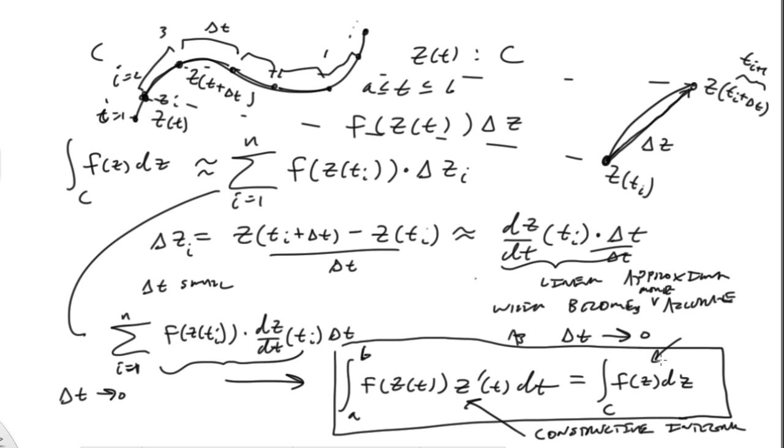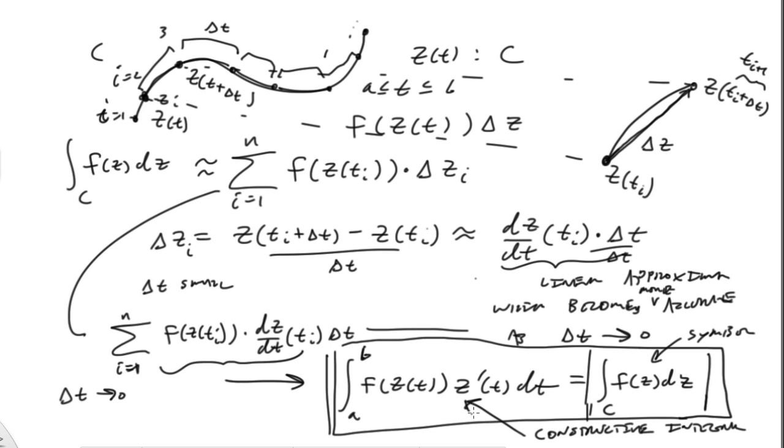And this is of course a more efficient, much more compact notation. It symbolizes what we want to do, but this is an explicit expression that we can actually perform a computation on. So this is our definition of a contour integral.